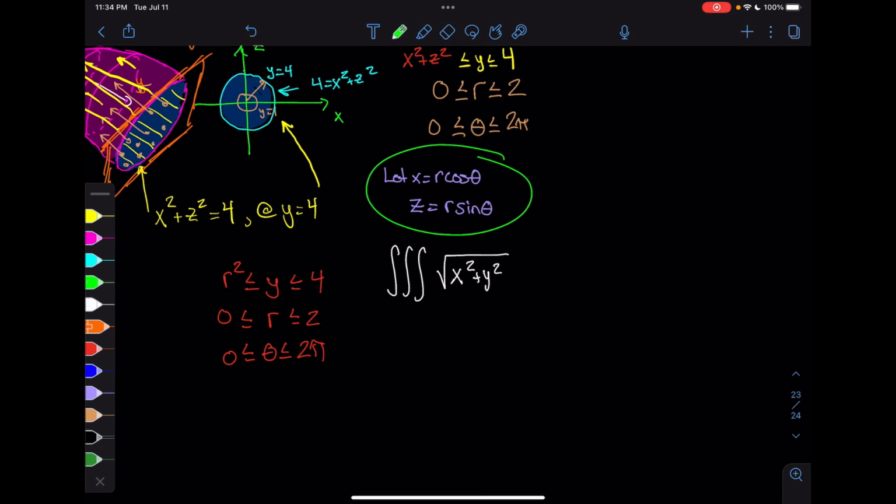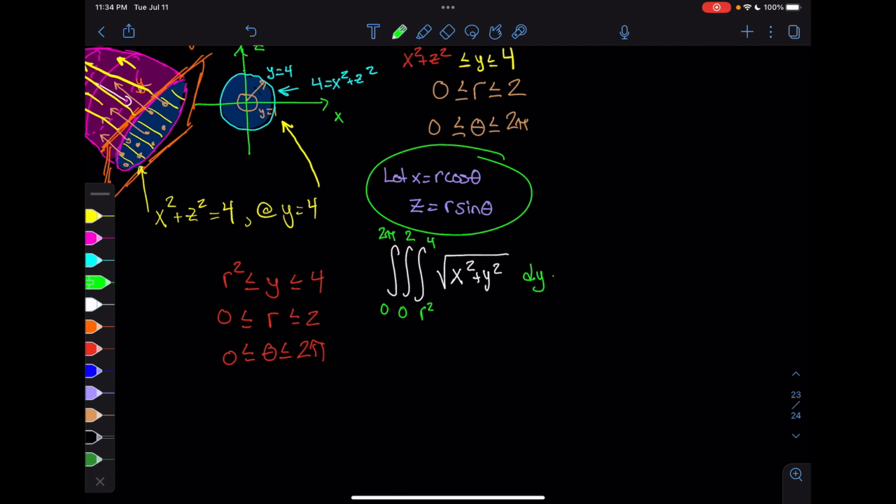So since y is not constant, technically I can put y anywhere as long as it comes before the r variable, because if I put it after the r variable, when we evaluate it, there's going to be an r still in our answer. So just to get it out of the way, I'm going to put it first. I'm going to put y goes from r squared to 4. Then r goes from 0 to 2. And then theta goes from 0 to 2 pi as the end. And so this is going to be dy.